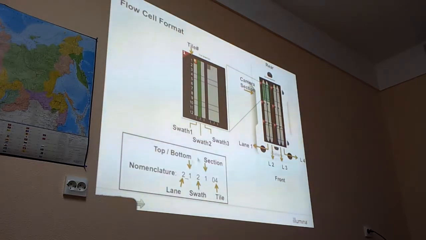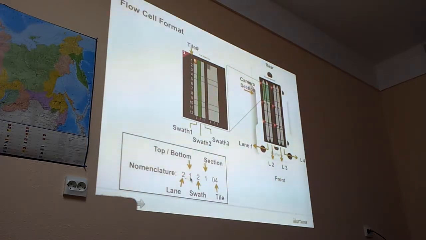Each tile, each image, which becomes a data file, has a number, and this nomenclature is structured in this way. The first number is the lane. So if it's 2, it would be this lane. Then it's top or bottom. Like with NextSeq, we have a top and bottom surface of the lane.